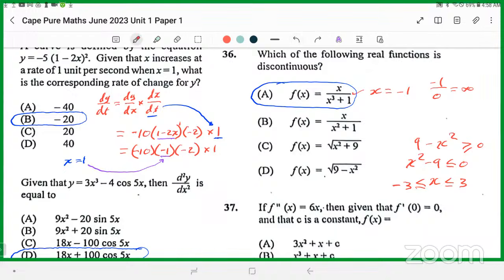So x cannot be -1. This other one is continuous where the x values are valid. So I guess maybe the answer is A, because for values less than or greater than -1 the function is continuous, and then it just breaks at x equals -1, whereas this one is continuous for the whole range from -3 to 3.